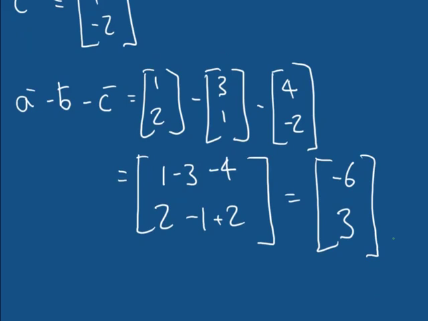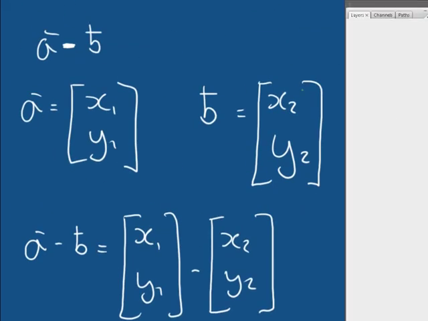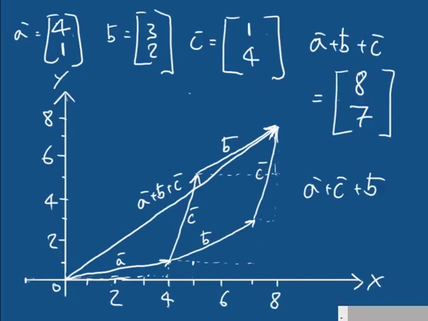But before I get too far ahead of myself, we saw how vector addition can be represented graphically. Well, I'd now like to take a look at how vector subtraction can be represented graphically. In order to do that, I'm going to jump back to our previous whiteboard, which we have here.